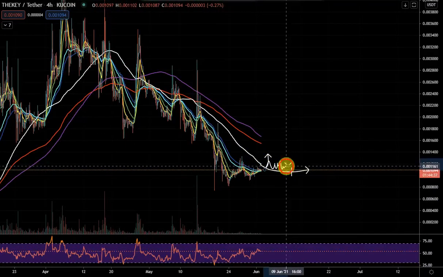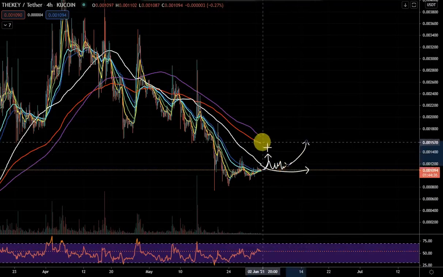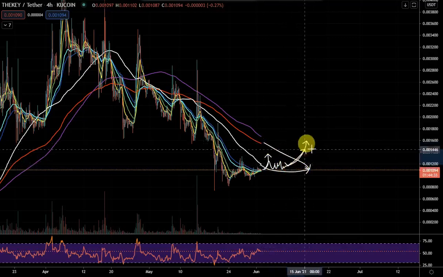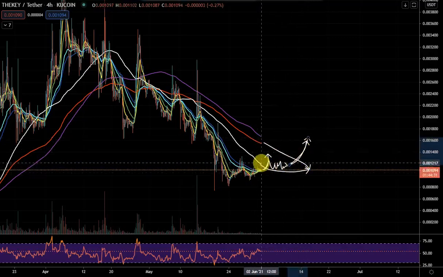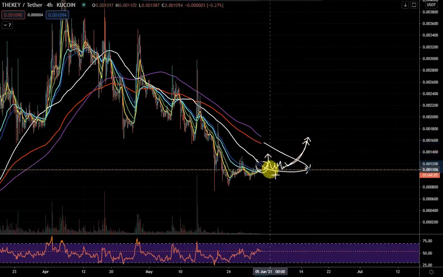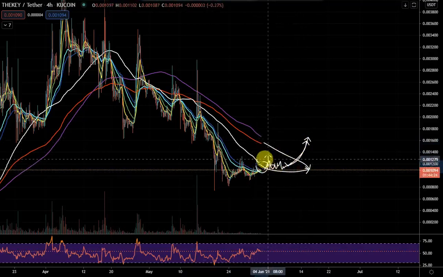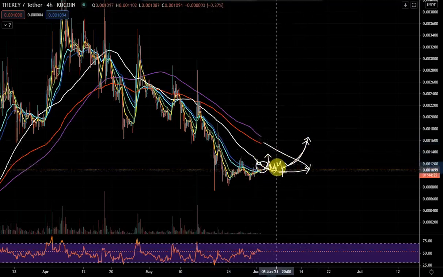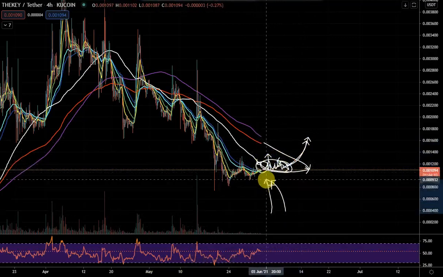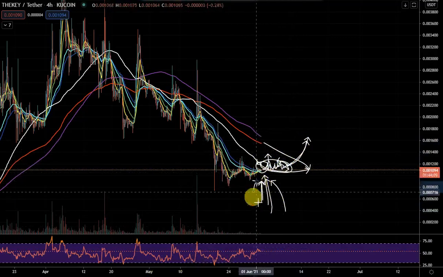Then you can look to buy that for that move up out of this kind of apex. But buying in here, it's early in the development of the pattern. Usually it's safer to let the pattern develop and see if you can see some bullish structure. So I just don't believe that this is ready for safe buying.